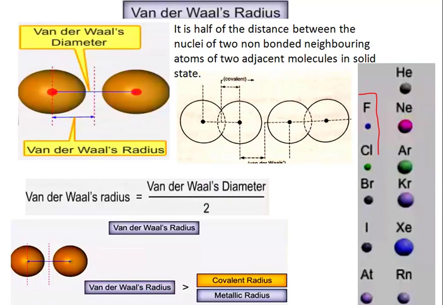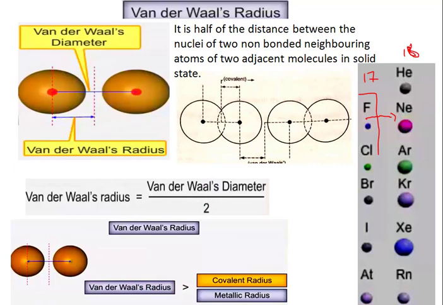Now when we move from group 17 to group 18, it is seen that suddenly the atomic radii increase. So noble gases are bigger in size. For noble gases, the reason is that the outermost or valence shell is completely filled.